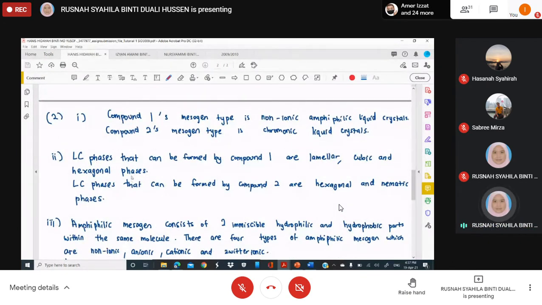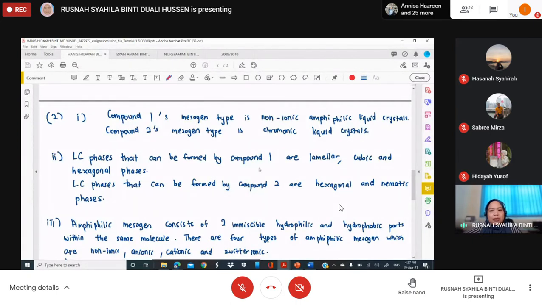So look at this answer from Hanis. Actually, I said it is good, because she listed compound 1 and compound 2 separately.